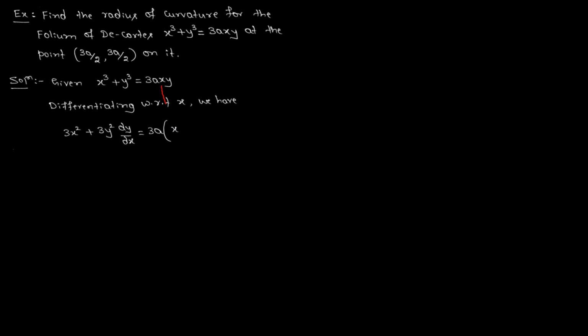We keep the first function as it is and differentiate the second function, that is dy by dx, plus we keep the second function as it is and differentiate the first function.